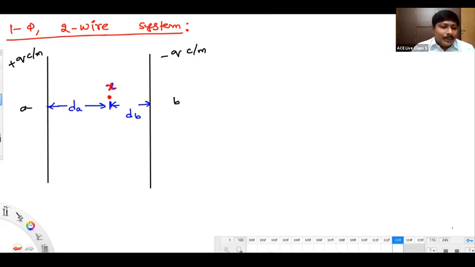Tell me please, what is the voltage at this point X? First, I should write the voltage due to charge A. Next, I should write it due to charge B. And we have to sum them up in order to get the resultant voltage at that point X. Okay, so I'll write the voltage at point X.